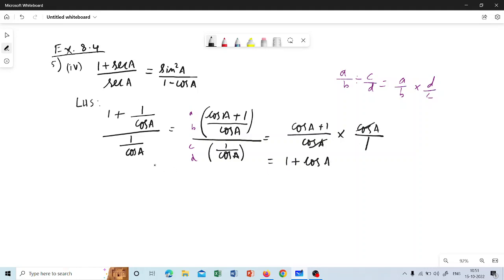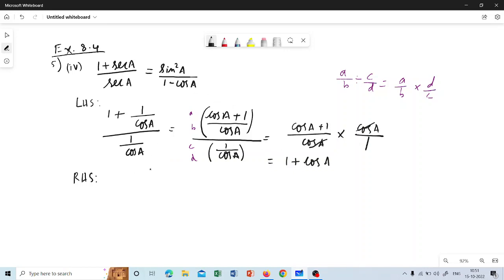So now the expression is in terms of only cos. We have simplified the LHS, so we will try to simplify the RHS now. We have to bring RHS in terms of only cos.